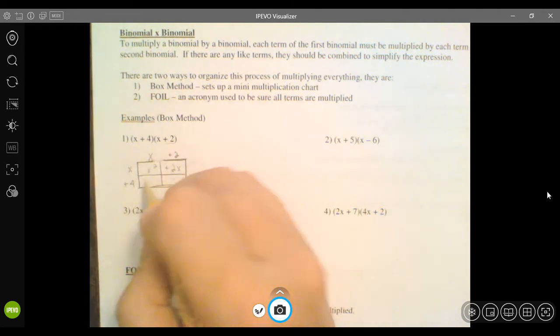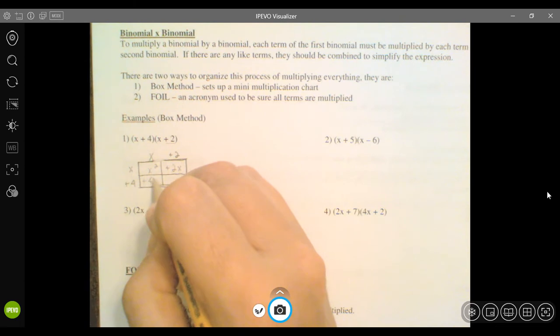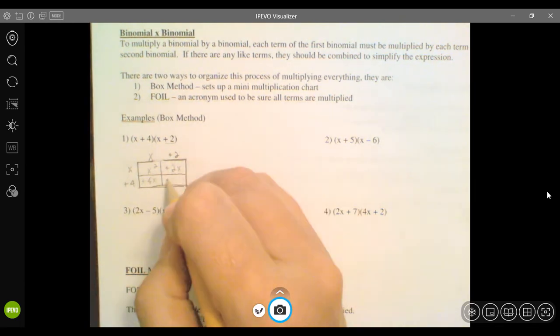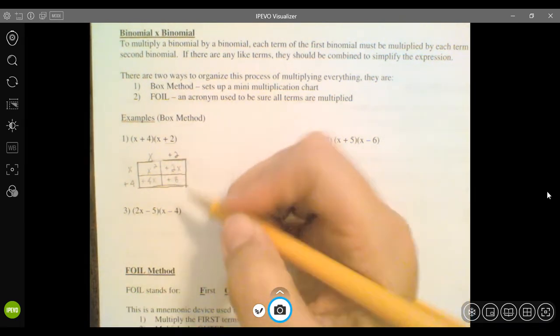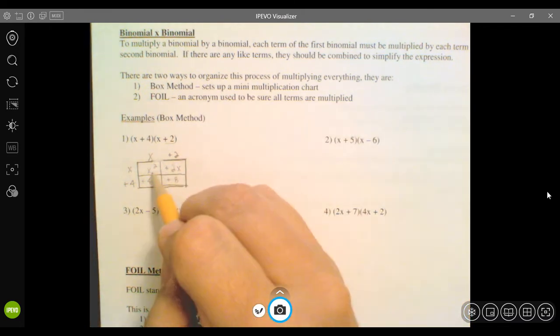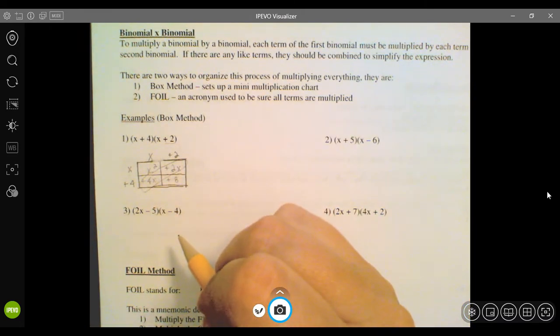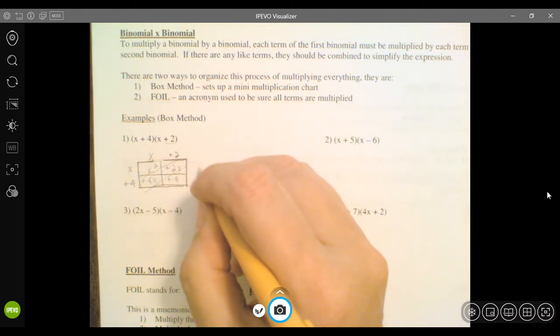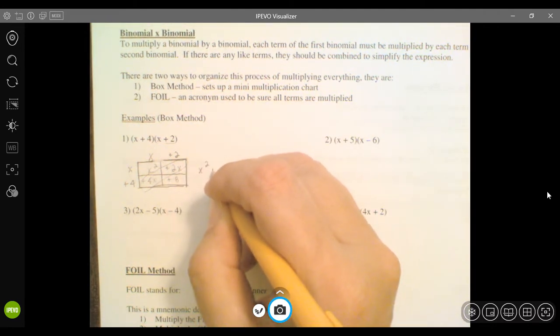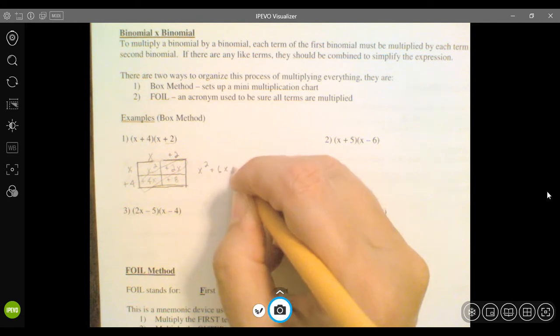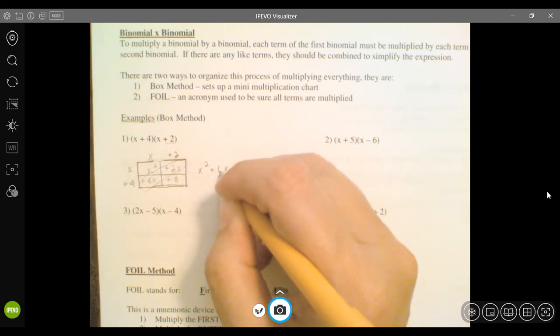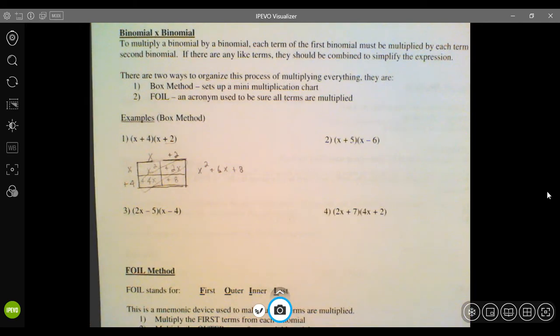And what is 4 times x? That's 4x. And what is 4 times 2? Well, that's 8. And then I'll look to see if I have any like terms. If I have any like terms, they would be in my diagonal here. So my final answer is x squared plus 6x plus 8. And there it is.